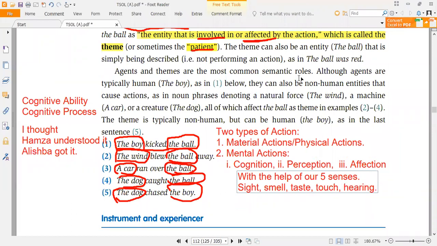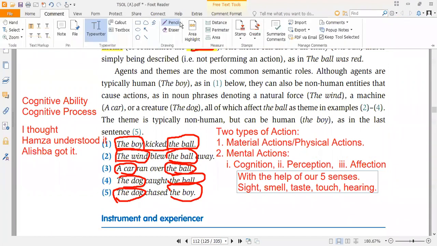But remember, perception is also a kind of mental action, because when I kick a ball, I simply kick a ball. When I see a bird, we perceive something.